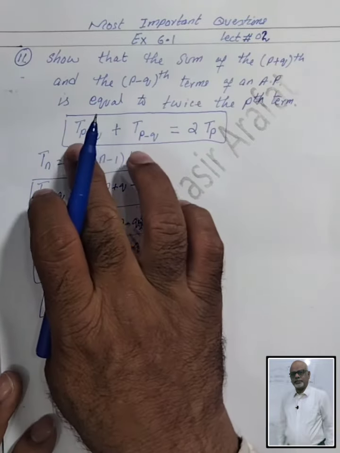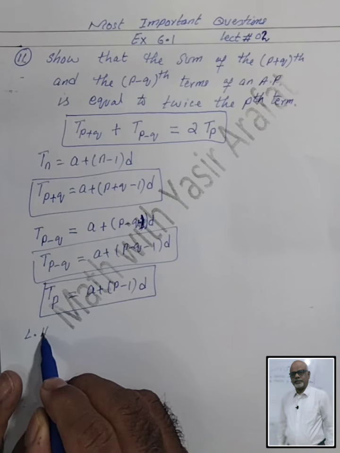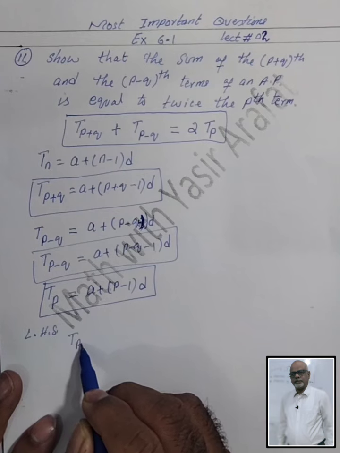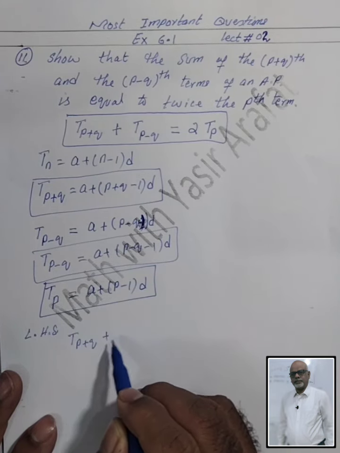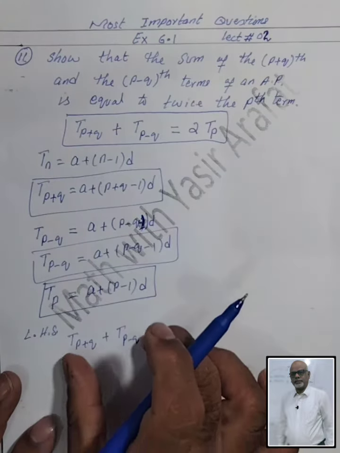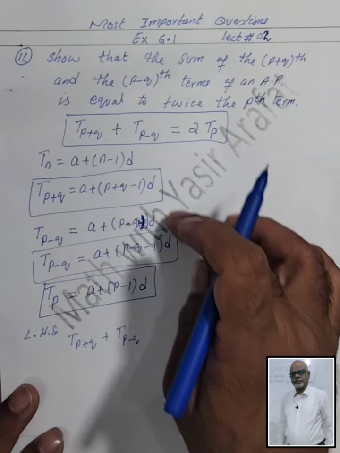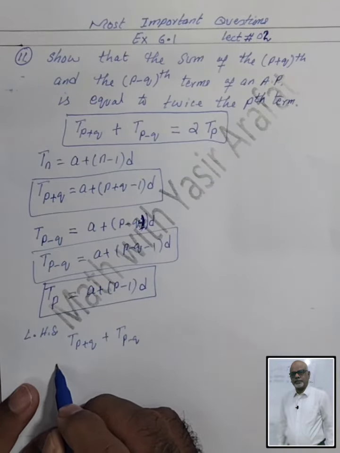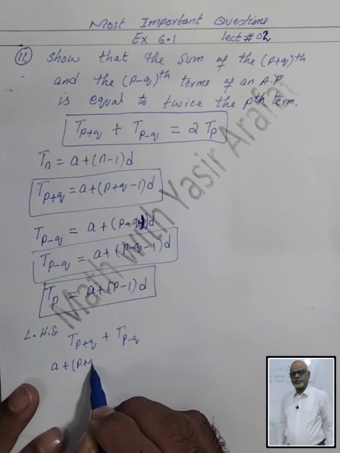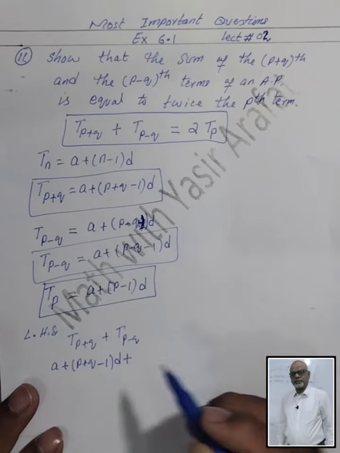So just take the left hand side of this result, that is T(p+q) plus T(p-q). What is the value of T(p+q)? It is a plus (p plus q minus 1) into d.